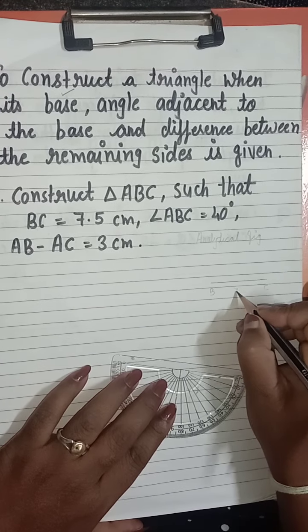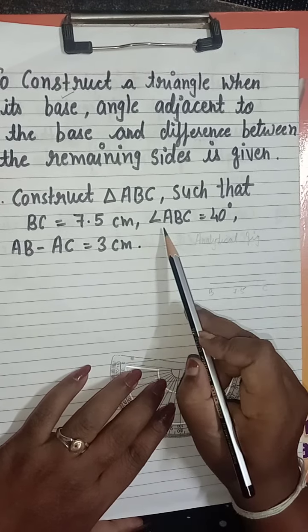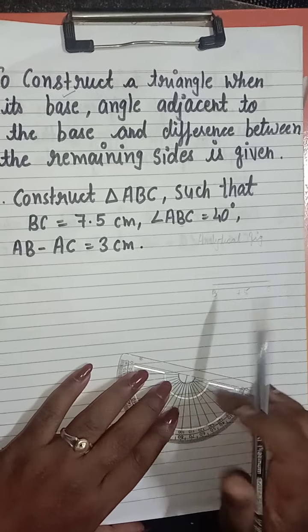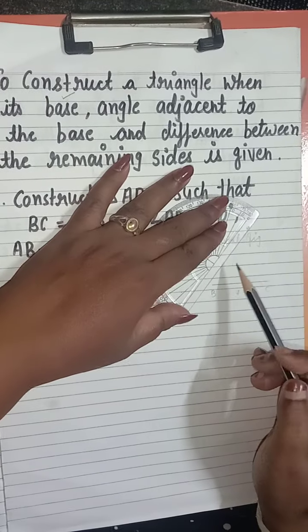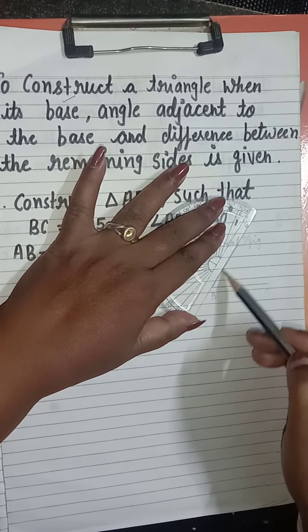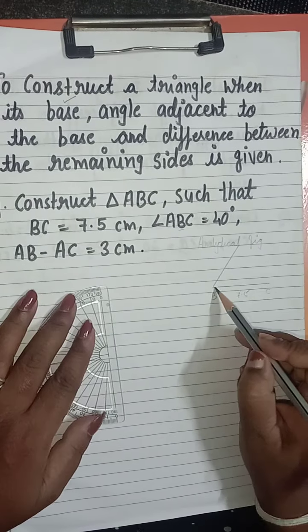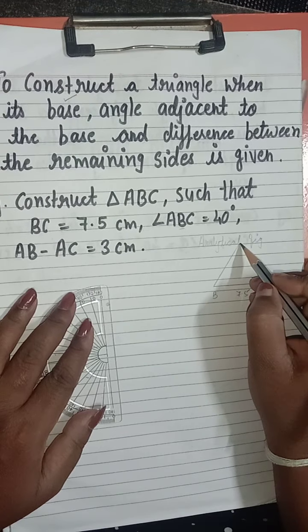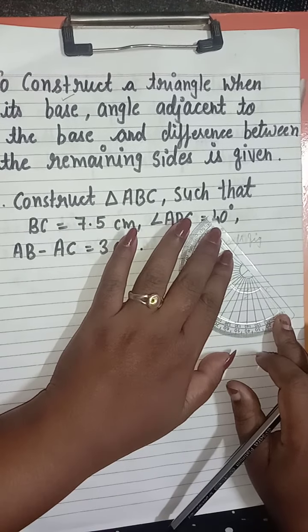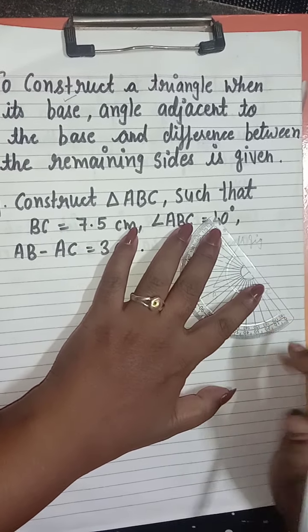It is 7.5. And angle ABC, the middle letter is B, so here angle B is 40 degrees. So we'll draw angle 40 degrees. Now this is a rough figure, that's why I am not taking the exact measurement. So now this is BC, and obviously the remaining vertex will be A. So I will write A over here and join this. This is your analytical figure.